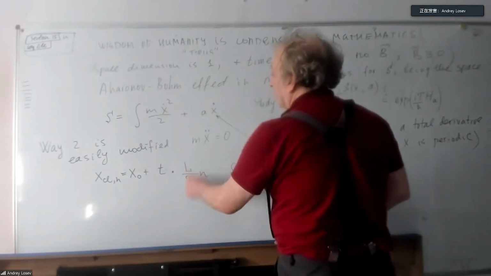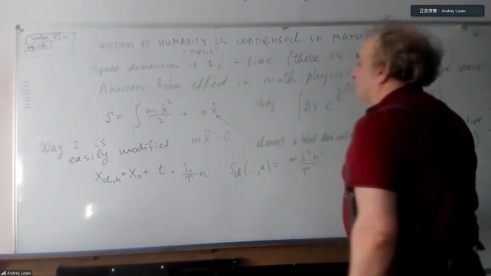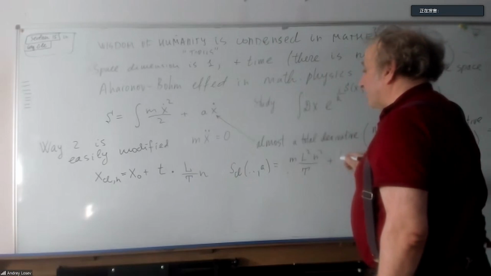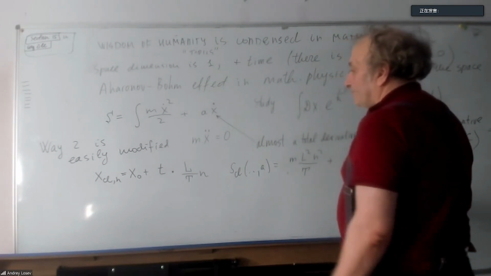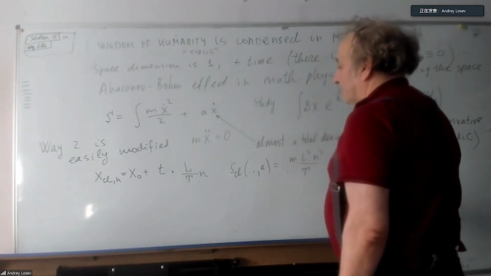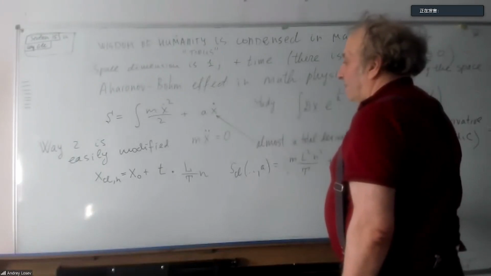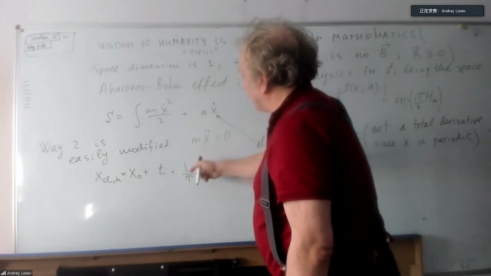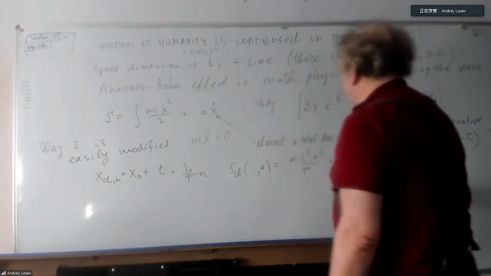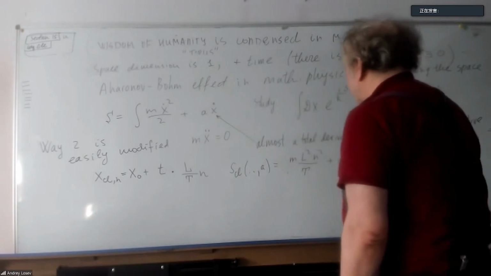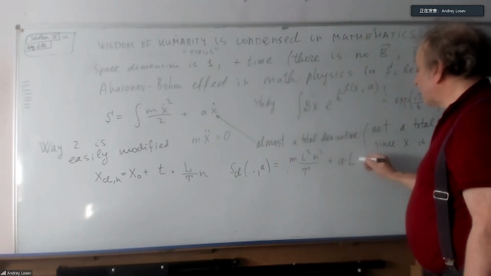But now look, this term, Aharonov-Bohm term, would appear. And I will get, I take a derivative, I have A times L over t, integrate by t, I get plus A L, of course, times n.